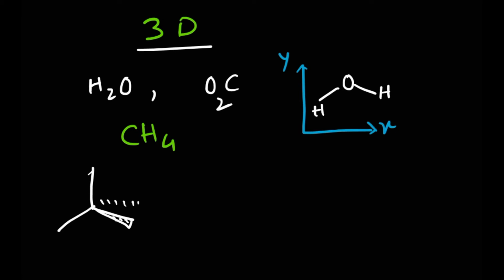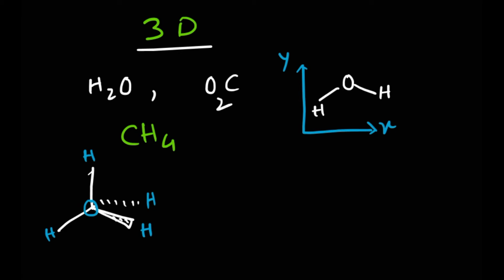Here these three atoms, hydrogen, carbon, and this hydrogen, are in the plane of the paper. Now of the other two hydrogen atoms, one is above the plane and another is below the plane.